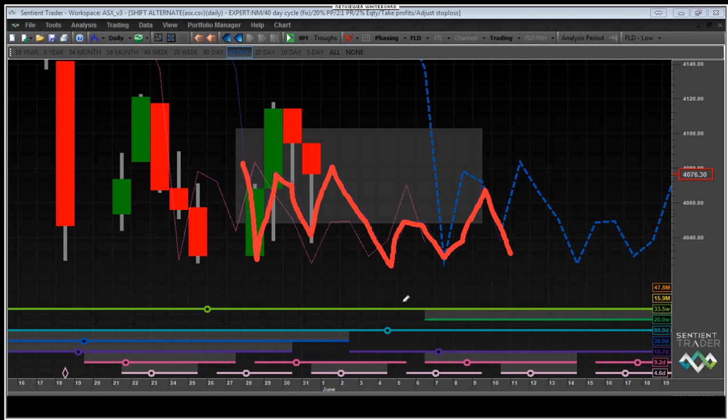Let me trace out the 20-day FLD here, because this is a really useful tip that I hope you're going to be able to use to make some informed trading decisions. Right, that's the 20-day FLD based on the low price that I've drawn on the chart. Now, as you can see, there are 1, 2, 3 potential troughs.